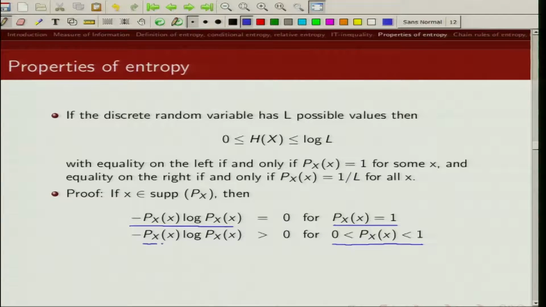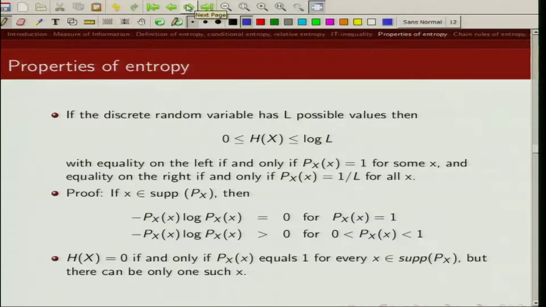So minus log of a fraction will be a positive number, so this will be greater than or equal to 0. So what we have shown here then is, if for some value of x, p of x is 1, and for other values p of x is 0, then the entropy will be 0, otherwise entropy will be greater than 0.